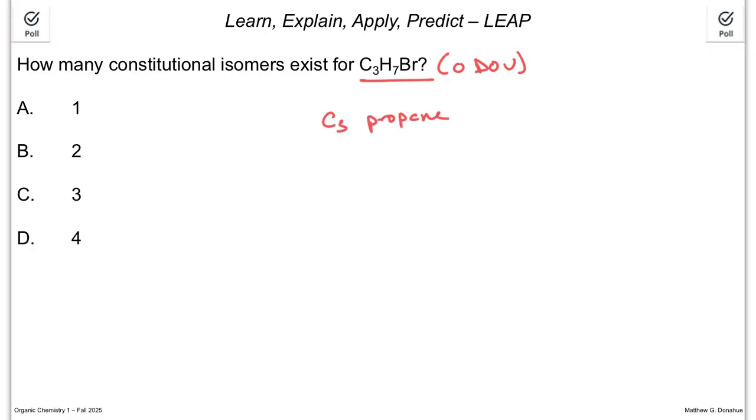Remember, C3 is propane. Along that 3-carbon backbone, we have to substitute H for bromine. If we do it in a logical manner, there's 2 spots we can do it at, positions 1 or 2.